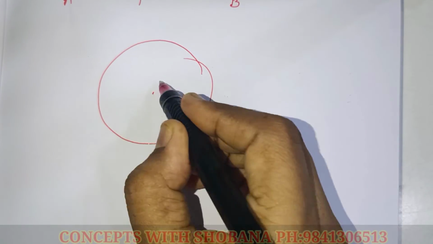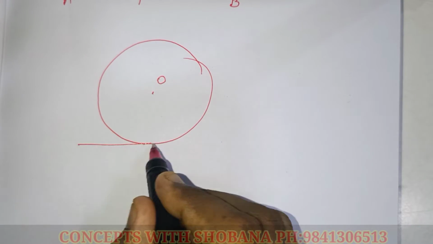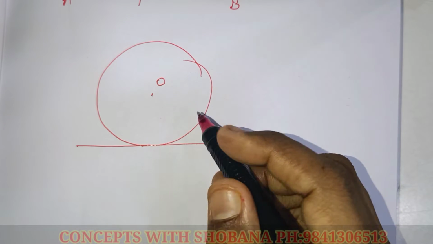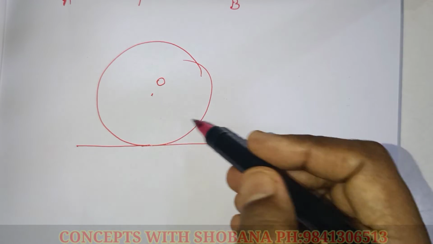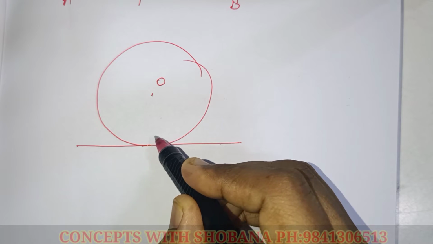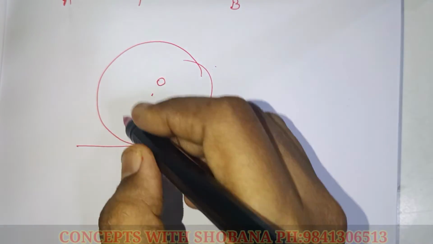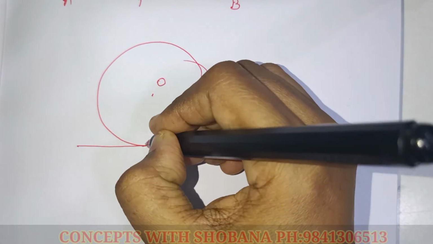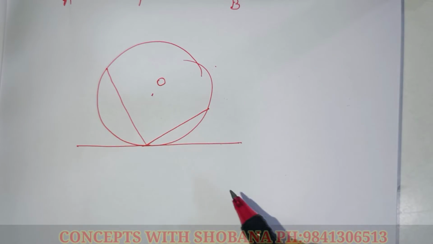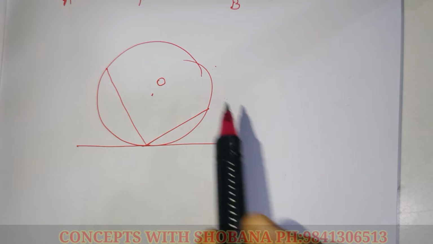The same circle with center O. I am drawing a tangent. Now, here we took PQ. Instead of PQ, I am taking PS.